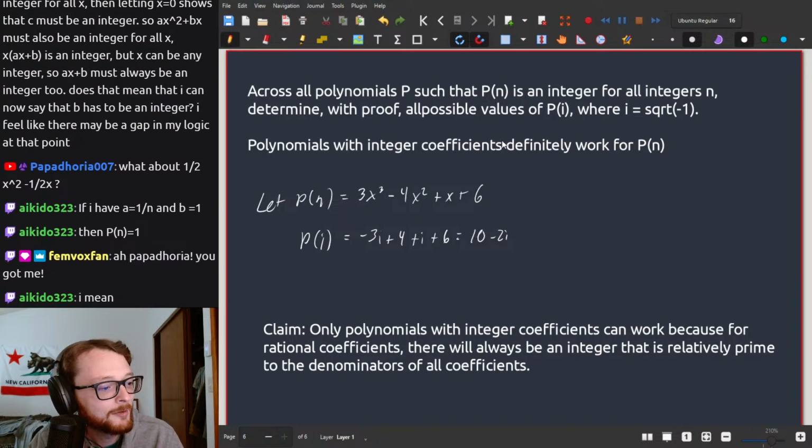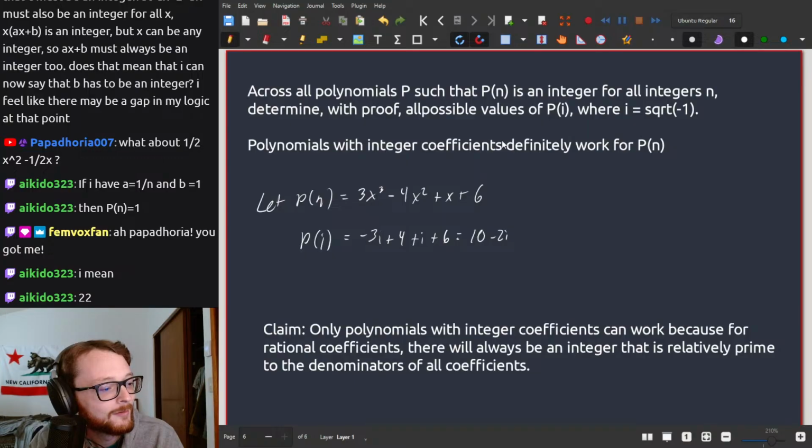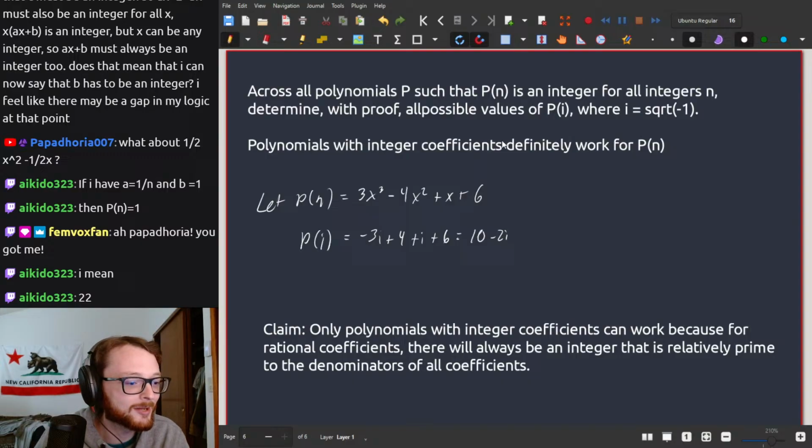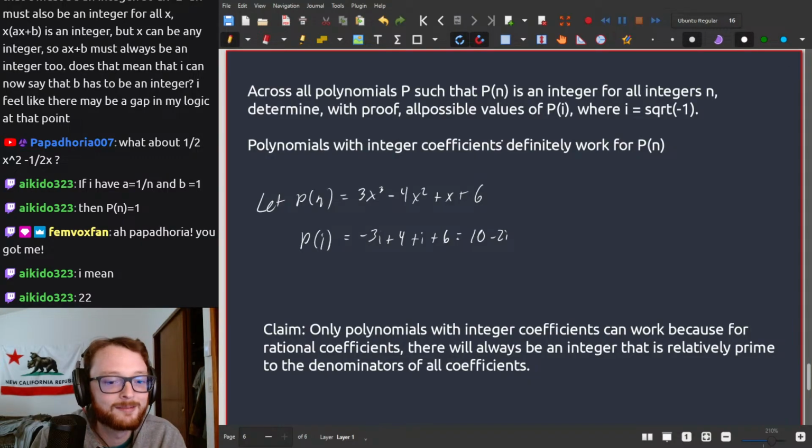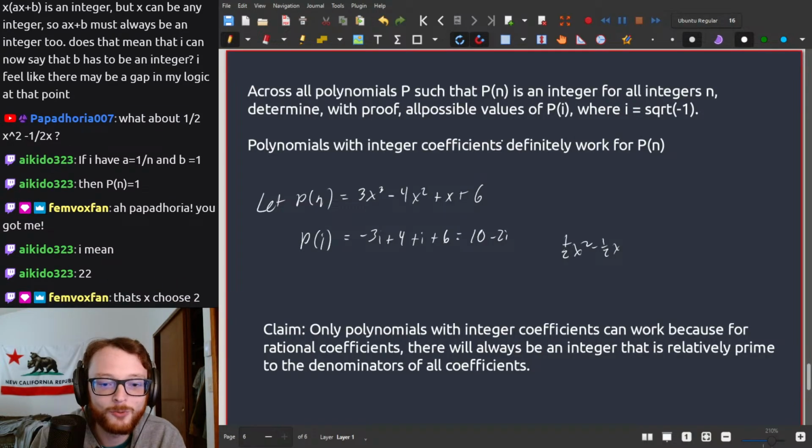Or, really? 1/2 x squared minus 1/2 x. Oh, that is, oh my god. Wait, 1/2 x squared minus 1/2 x. X equals 3 does work. That's x choose 2? Oh my god. If I plug in 5... Wow, that's annoying.